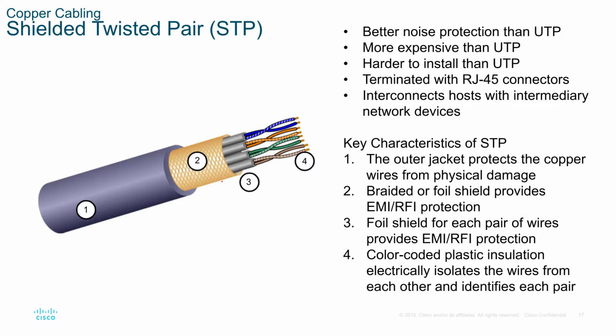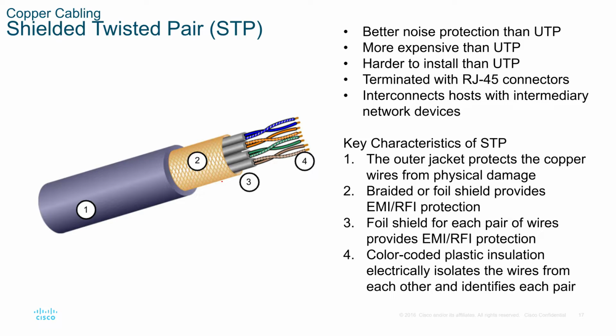The key characteristics of STP, shielded twisted pair cable: the outer jacket protects the copper wires from physical damage. The braided or foil shield provides EMI or RFI protection. A foil shield for each pair of wires also additionally provides EMI and RFI protection.